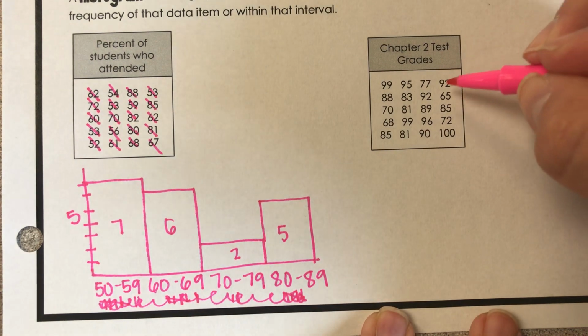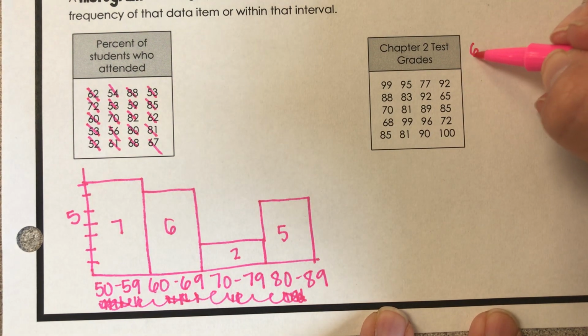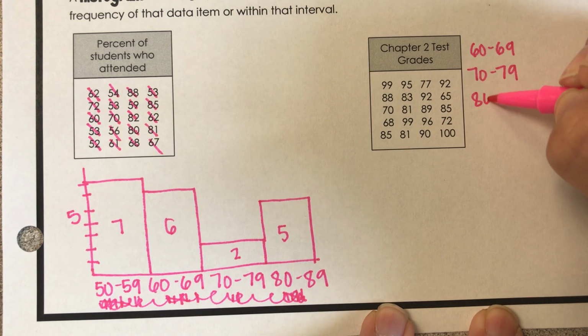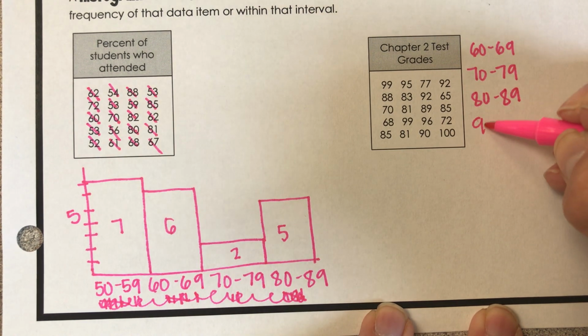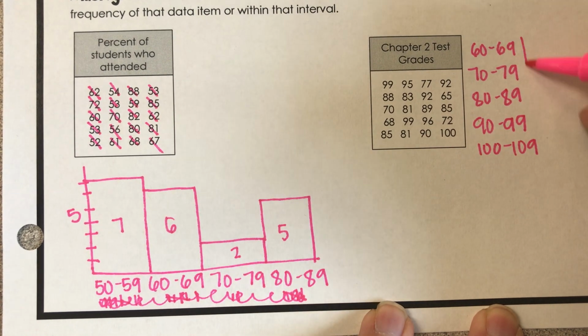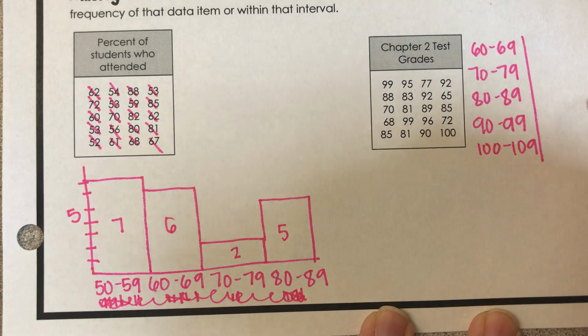Like here for test grades, I have grades in the 60 to 69, 70 to 79, 80 to 89, 90 to 99, and then 100 to 109. So I'm going to tally them up.